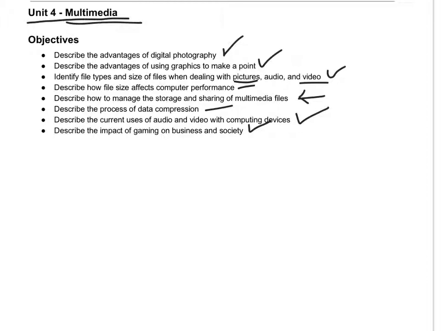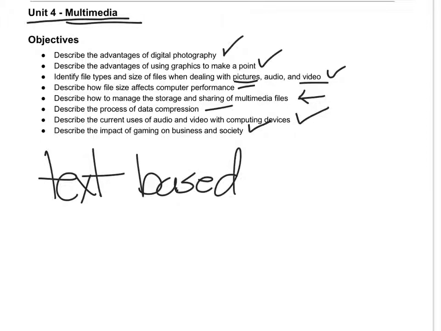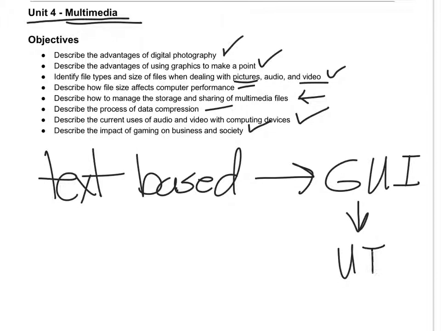Multimedia. Computers used to be text-based, and it was a big move when we got a graphical user interface. And of course now that's advanced where everybody assumes it's graphical and we have the user interface.